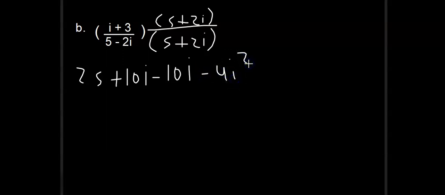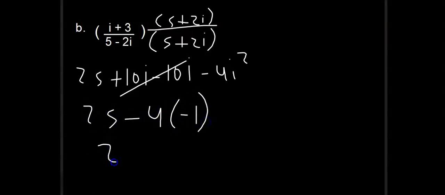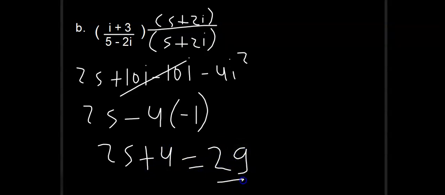The 10i terms cancel, and then 25 minus 4 times i squared, which is -1, will actually be positive since we've got these two negatives, so 25 plus 4. And then lastly, my denominator will be 29.